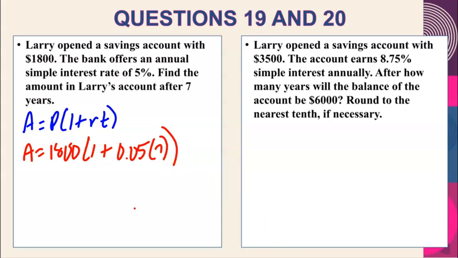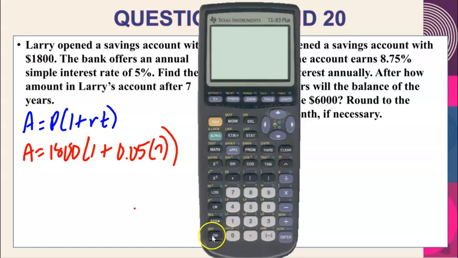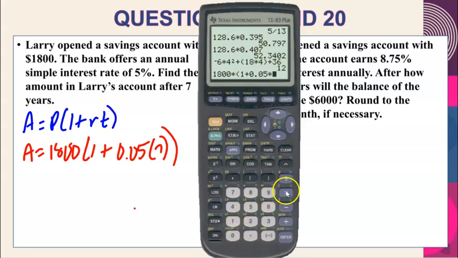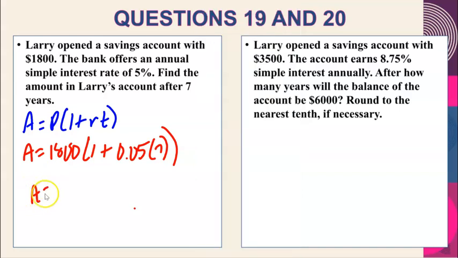So now on our calculator, we can type in 1,800 times parentheses, 1 plus 0.05 times 7, end parentheses, and if I hit enter, it gives me $2,430. So the account balance is $2,430.